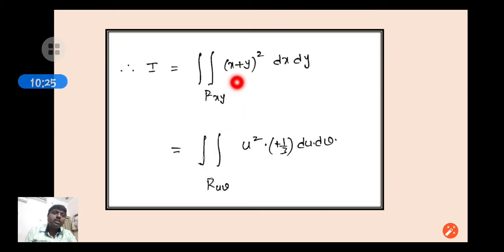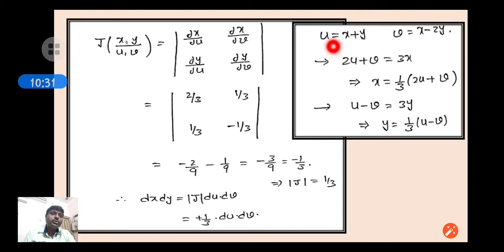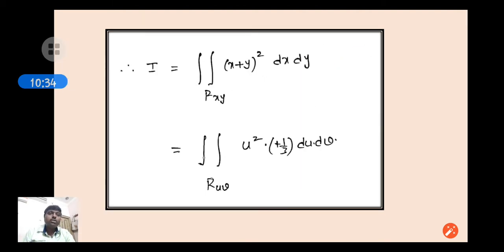And I know that x plus y you can directly write as u, because by our definition, u is equal to x plus y. So in place of x plus y you can write u square, and dx dy is Jacobian into du dv, that is 1 by 3 du dv. So completely our integration in terms of xy is converted into terms of uv.